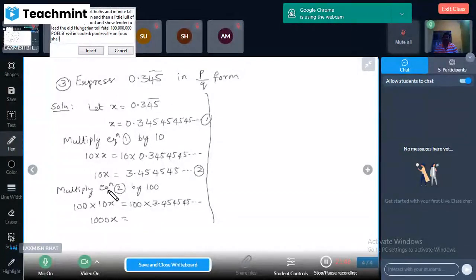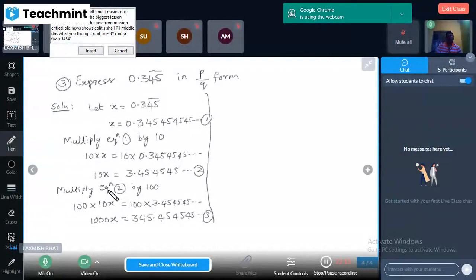Here the decimal point should be shifted 2 places to the right side. So 3 point becomes 345.454545... This is taken as equation number 3.